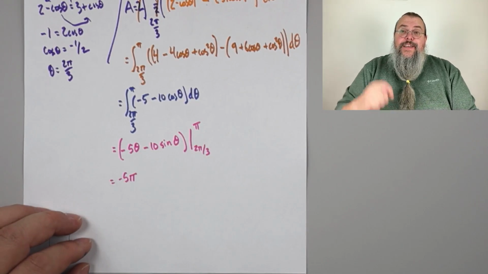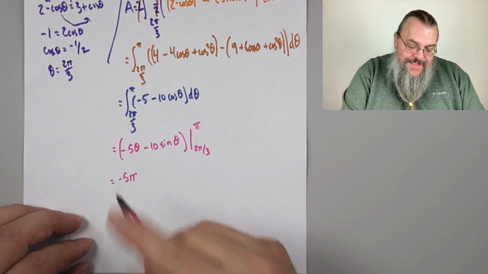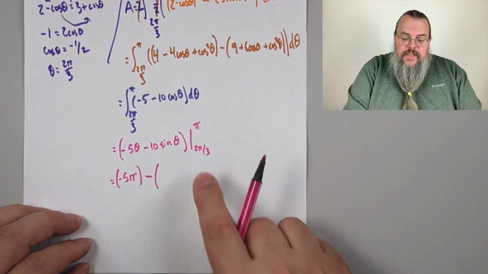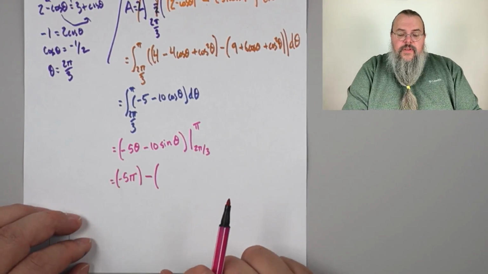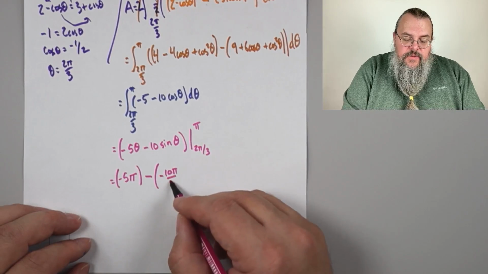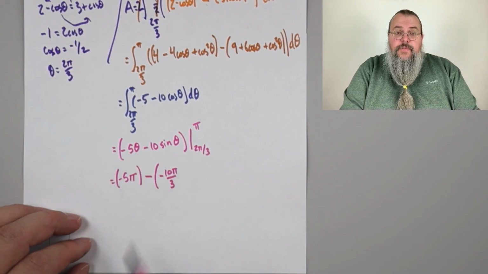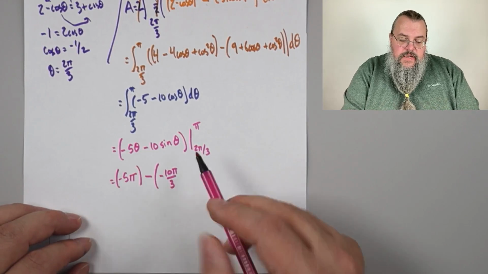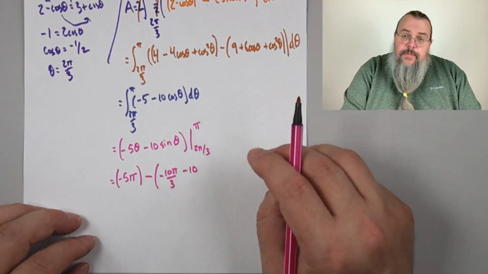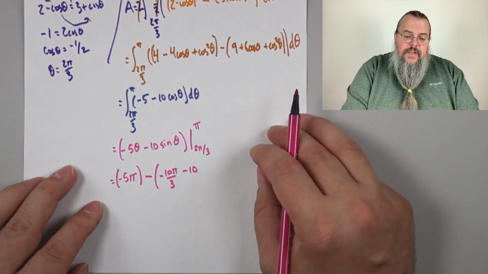The sine of pi is 0. So that's the first thing. Subtract. Okay, plug in 2 pi over 3. So we're going to have minus 10 pi over 3. All right, 5 times 2 pi over 3. And then subtract 10. And we have to think about sine of 2 pi over 3.